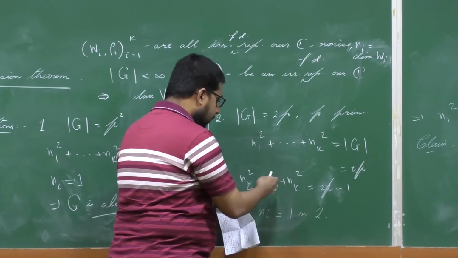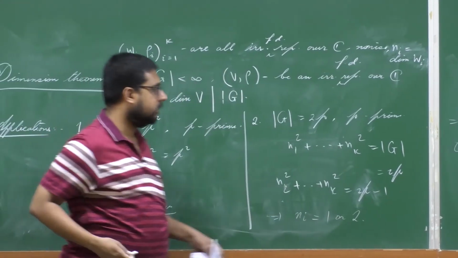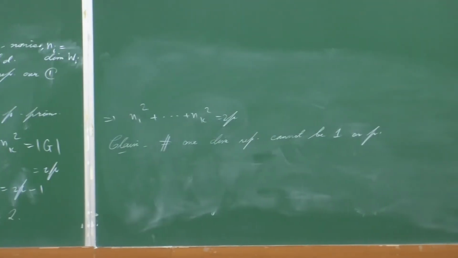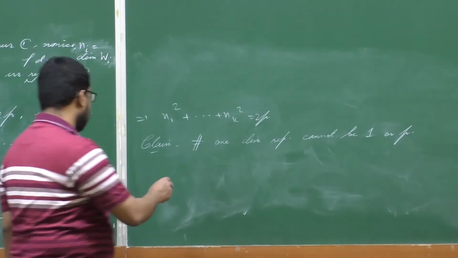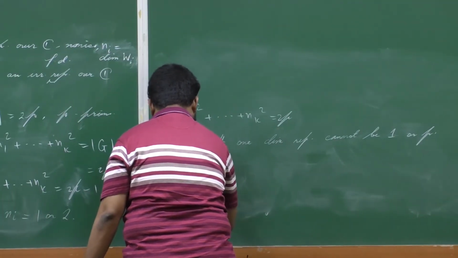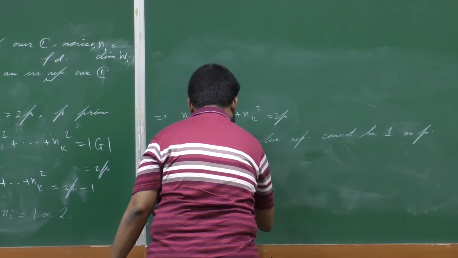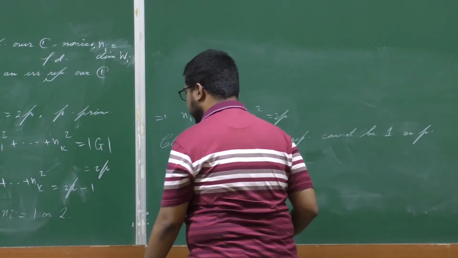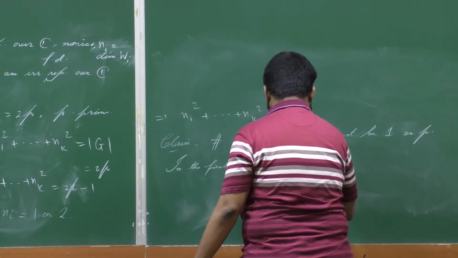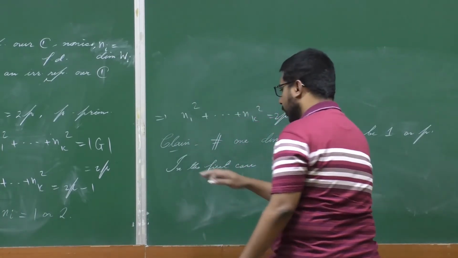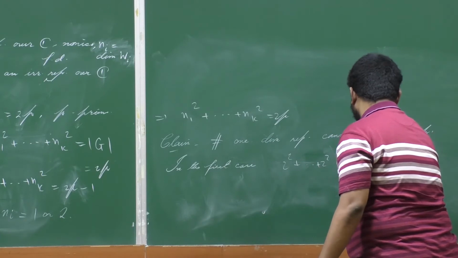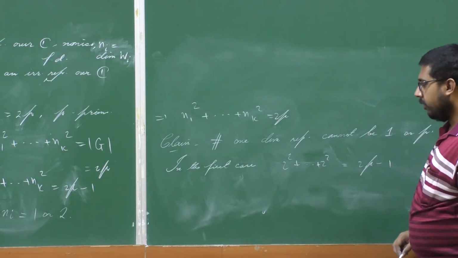So all apart from n1, by assumption, all these ni's, in the first case, this is actually obvious. In the first case we must have the sum of squares equal to 2p minus 1, right?